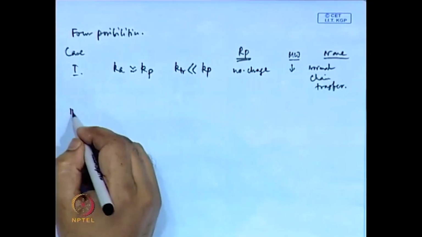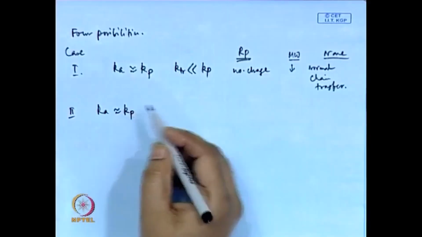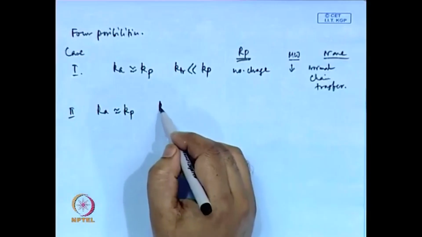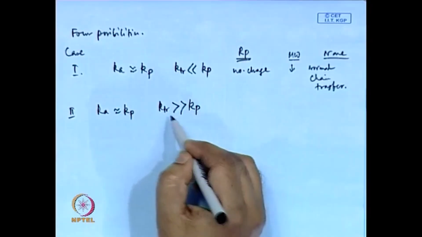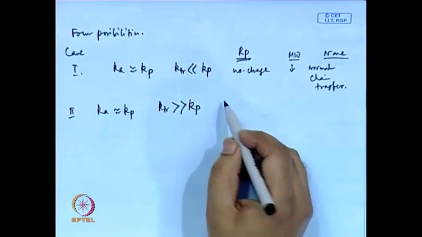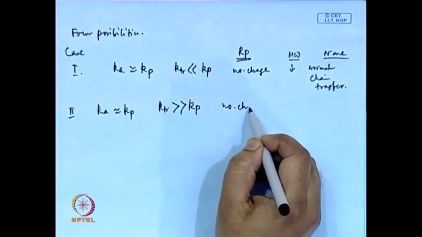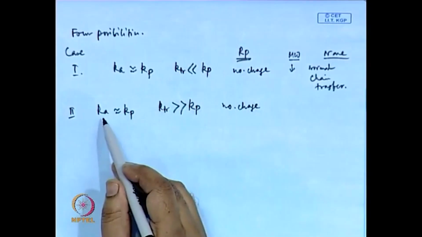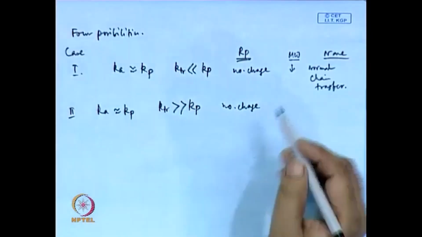Okay. Now, case 2 is again Ka is similar to Kp and K transfer is much higher than Kp. So, Rp, rate of polymerization, again no change, because the new radical formed is also consuming monomer at the same rate.